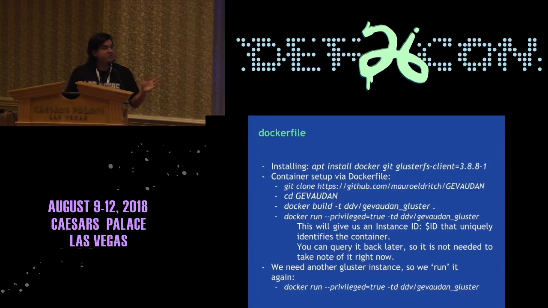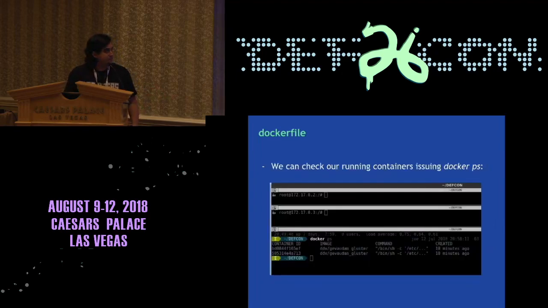This is really useful when you need to configure something on top, like a failover or a distribution. Using the command docker ps, you can see our lab. They're both running with different IDs, obviously, and what they are doing.